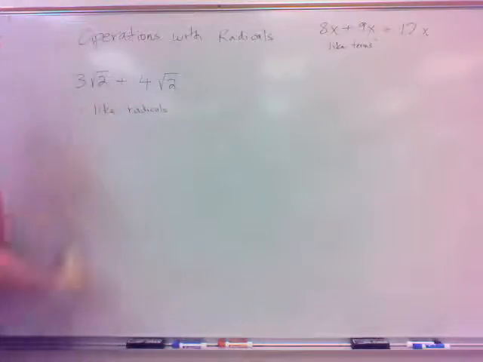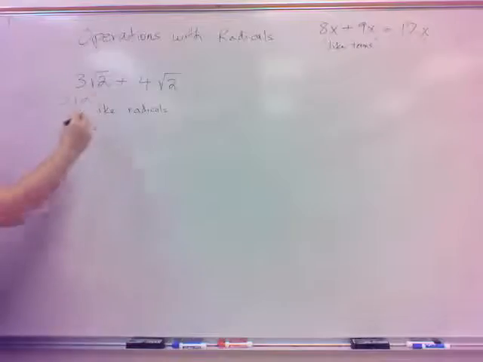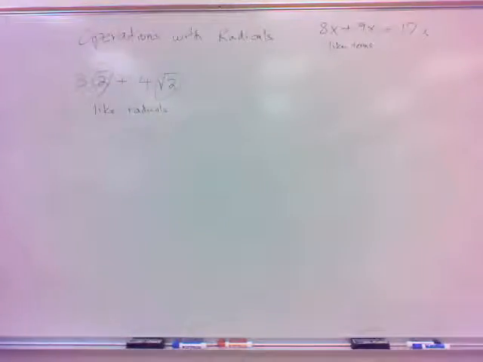Now, what do you think like radicals will mean? Exactly the same root, same number in the root, everything's the same about the radical. So in this case, yeah, we've got like radicals, just like we have like terms over there.